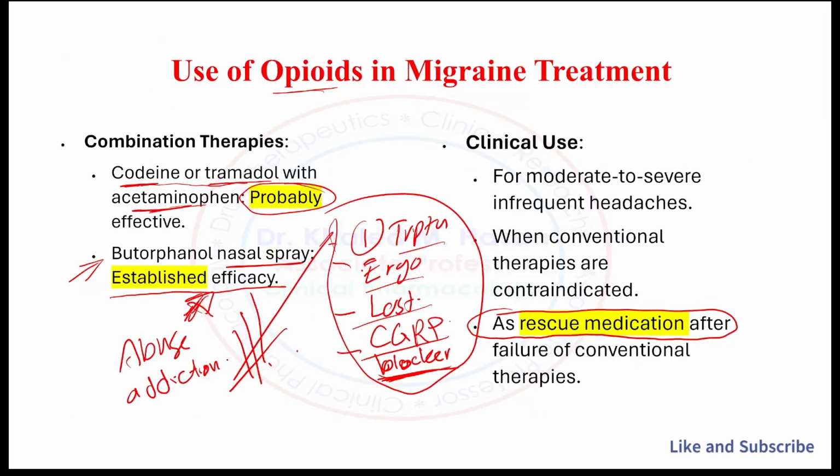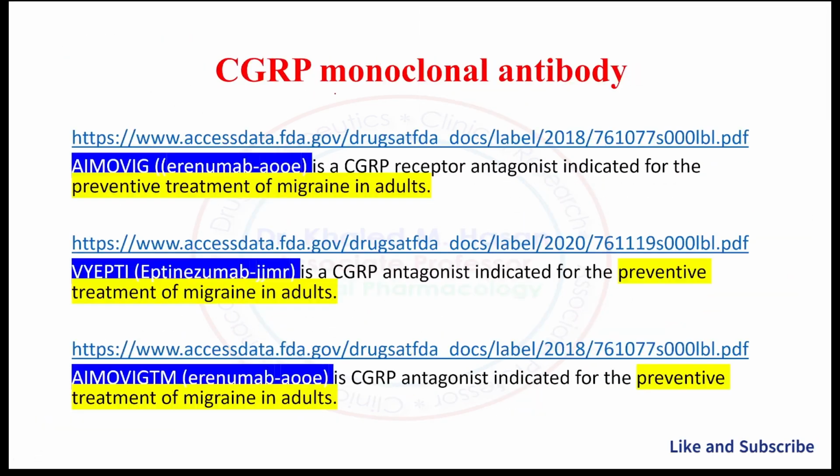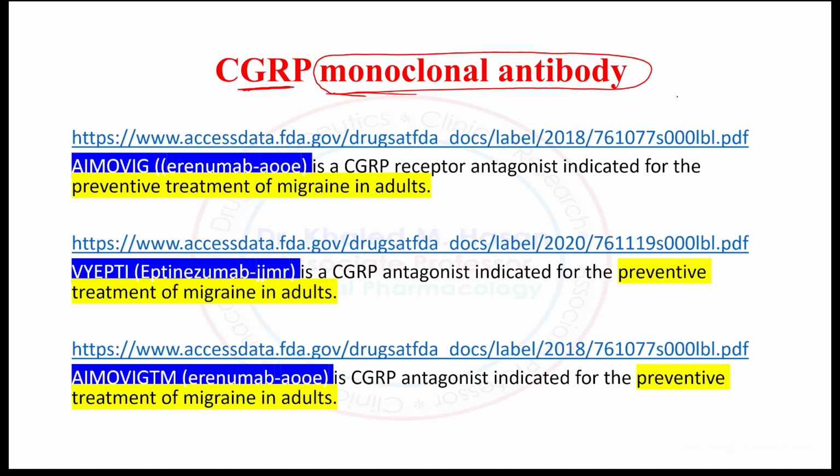Then we have monoclonal antibodies. For the monoclonal antibodies, we need to differentiate between the CGRP receptor antagonists and the monoclonal antibodies. Here we have erenumab, considered a CGRP receptor antagonist. Erenumab goes to the receptor and antagonizes it, and it is used for prevention treatment, to prevent migraine.